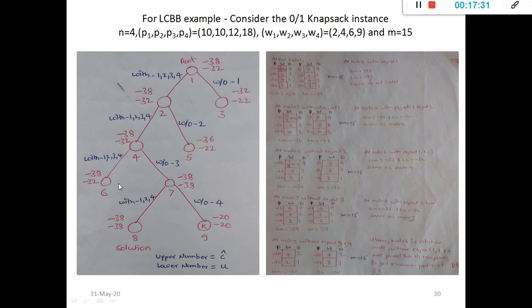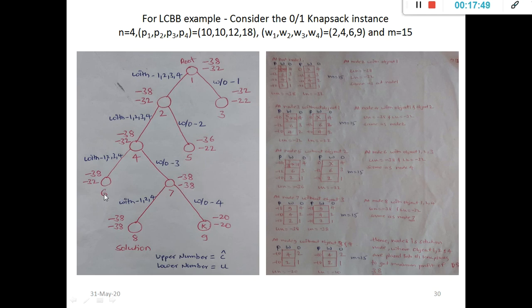Once you generate the child nodes for the parent node 4, again you have to apply the minimization technique and compare the value of minus 32 with minus 38. You realize that minus 38 is the minimum value.